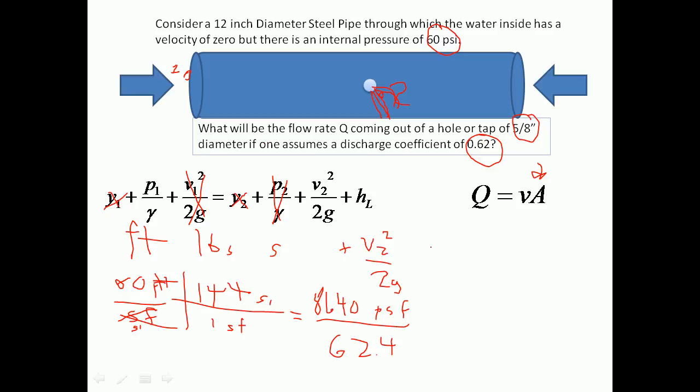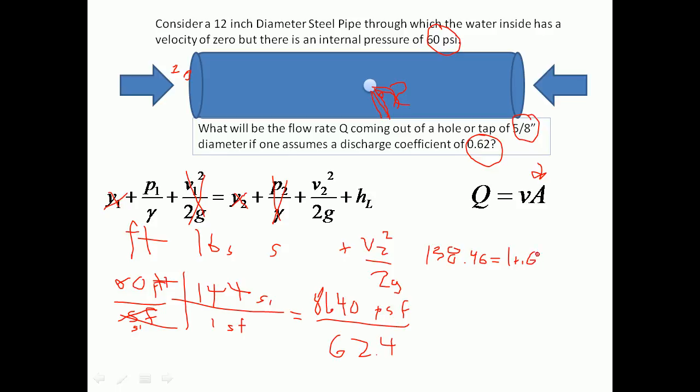So what you end up with is this. The head of 138.46 is going to be equal to 1 plus 0.62.